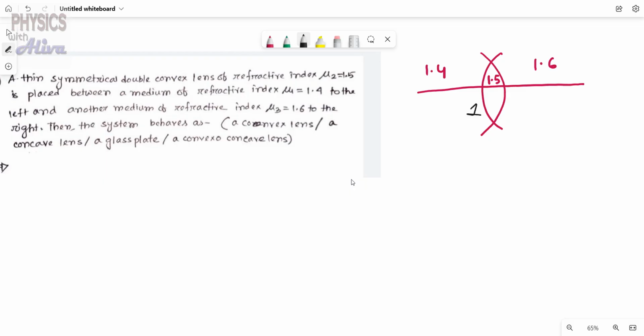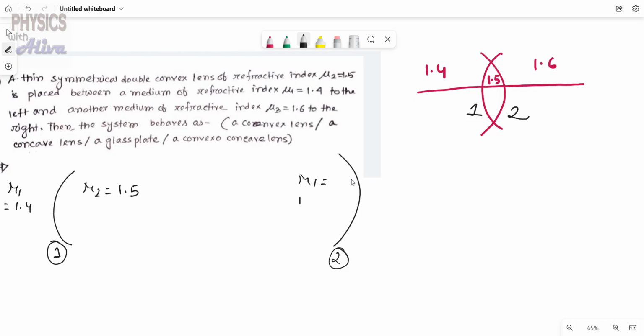This is the first spherical surface and this is the second spherical surface. For the first spherical surface, mu1 is 1.4 and mu2 is 1.5. And for the second spherical surface, mu1 is 1.5 and mu2 is 1.6.